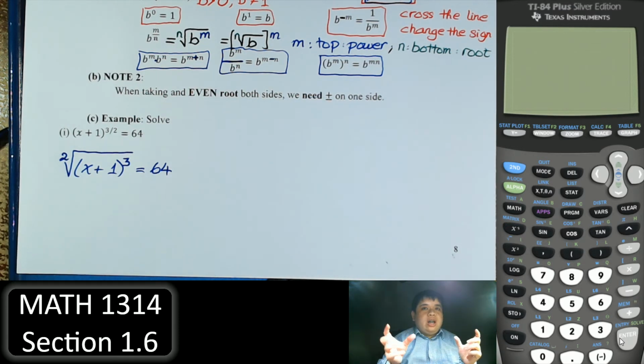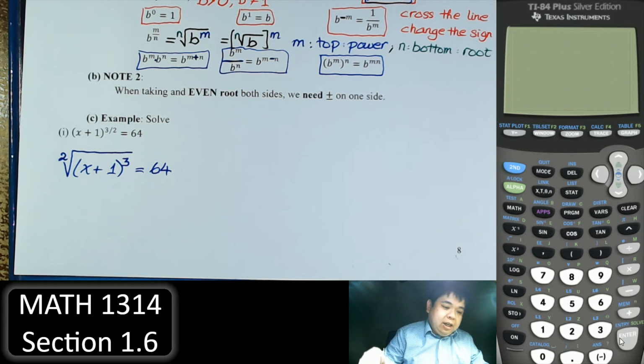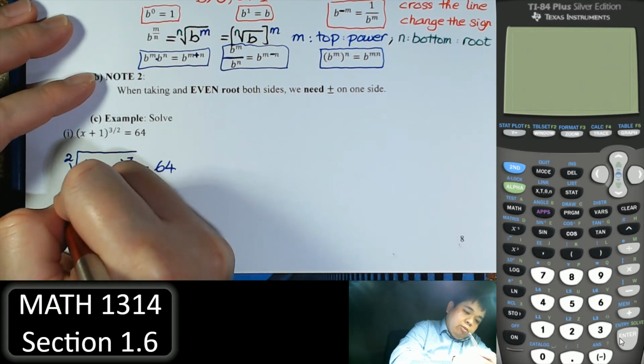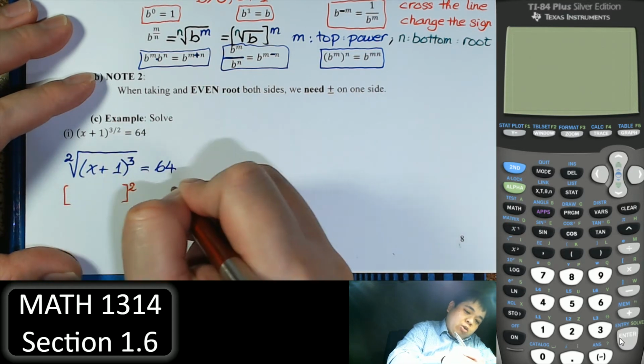Square both sides, check the answer, or take an even root on both sides, check the answer. Take an even root on both sides, put plus and minus. So there are two rules, and note that it only applies for even powers or even roots. Right here, we're going to square both sides, because that will get rid of the square root.